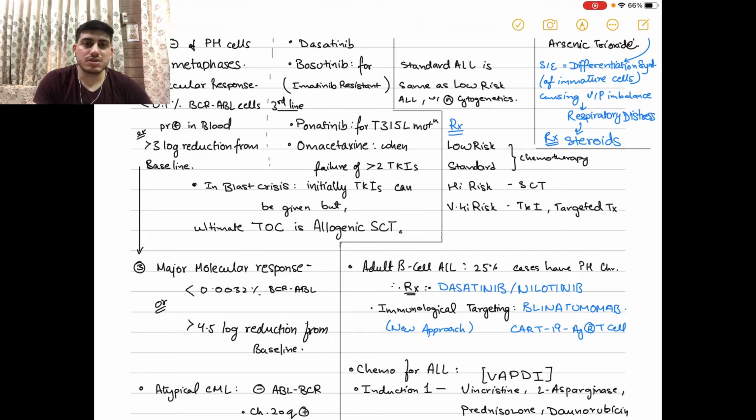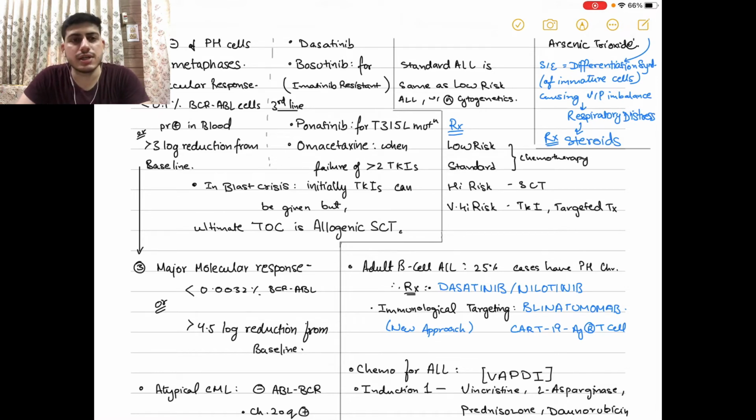Even if we transplant the stem cells, the cancer cells are already present in the circulation. That's why we avoid stem cell transplantation here, and we simply administer anti-cancer drugs, that is tyrosine kinase inhibitor, and do the targeted therapy. And I hope you already know which CD marker the targeted therapy is done against.